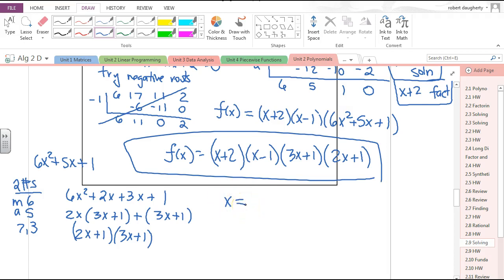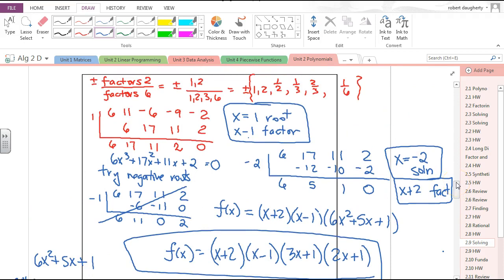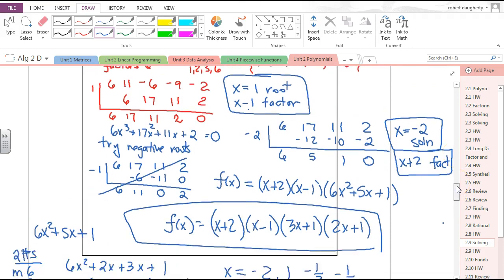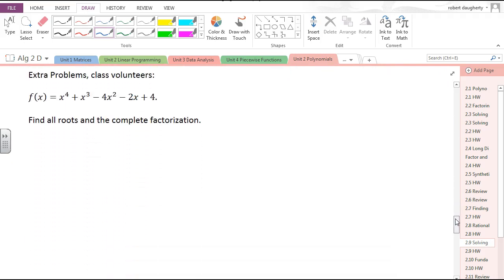Negative 2, positive 1, negative 1/3, and negative 1/2. Are all those on my list of possibilities? Is 1/3 and 1/2 on the list of possible roots? Yeah, 1/3, 1/2. Okay, so this one had all rational roots, and they were all on the original list.